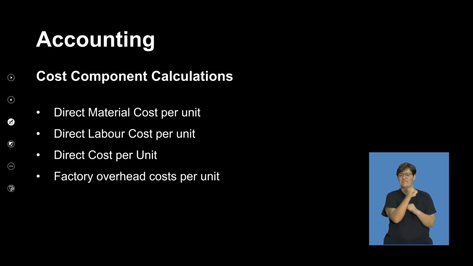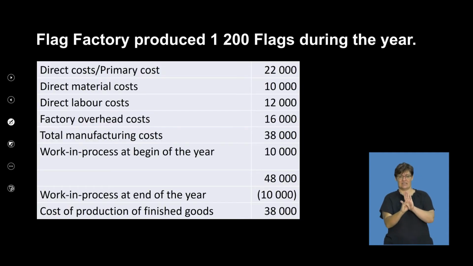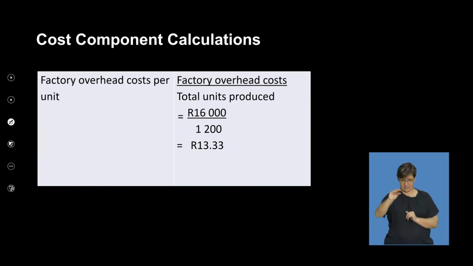If you look at your factory overhead cost per unit, immediately we identify our factory overheads cost, which is 16,000. We've identified it, put it at the top, because you're going to take that 16,000 divided by the number of units produced, which was 1,200, and therefore you can see that your factory overheads cost component is 13 Rand and 33 cents.